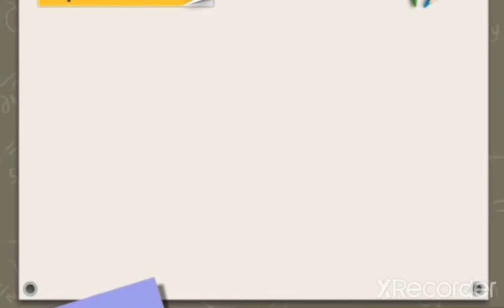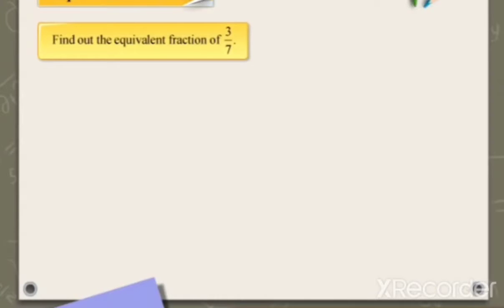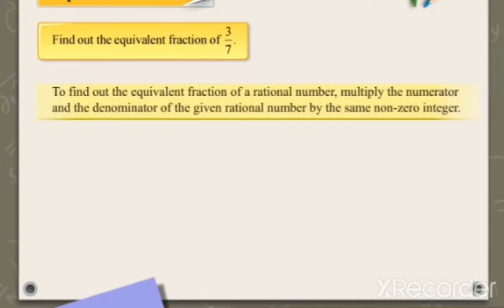Let's find out the equivalent fraction of the rational number 3 upon 7. For this, we need to multiply the numerator and the denominator of the given rational number by the same non-zero integer. Let that non-zero integer be 5.